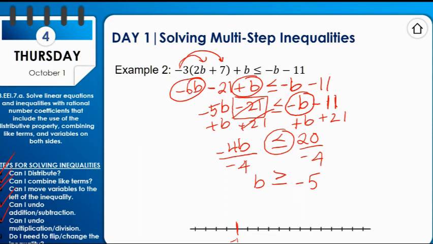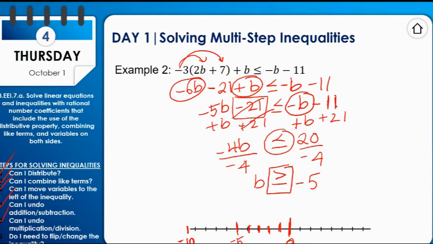So on my number line, at -5, -4, -3, -2, -1, 0, 5, 6, 7, 8, 9, 10. So where are my values for b that are greater than or equal to -5?